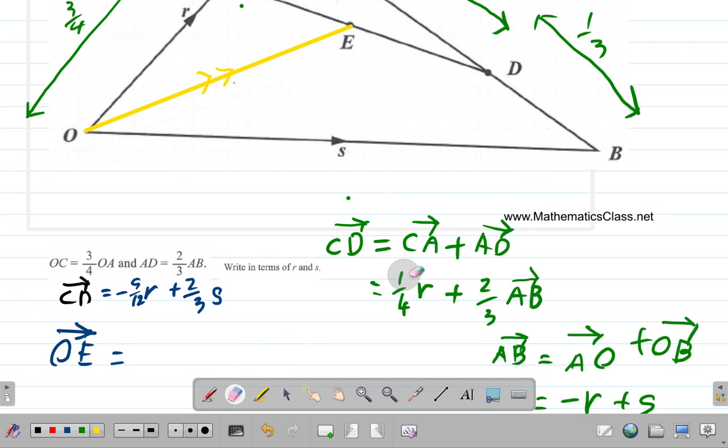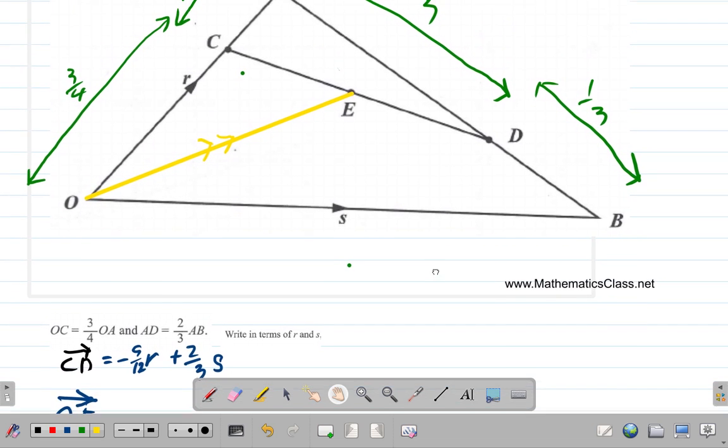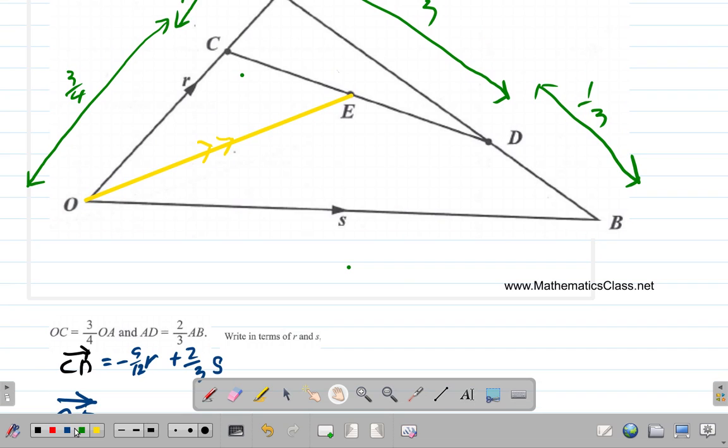Let me rub out some of the things that I may have up here. So therefore OE equals, if you go from O to E, you're at the same place as if you go from O to C, then you bend the corner and go from C to E. You see it?